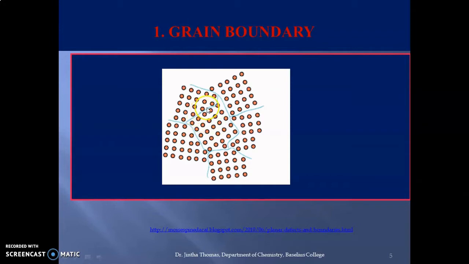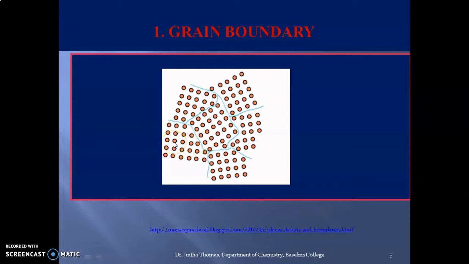Now look at the boundaries. Here, look at the boundaries of each perfect arrangement. For example, here you can see the atoms are not following a perfect packing. In these parts, the atoms are not following the perfect packing. So, we can see an area of imperfection that separates different crystals or grains of different orientation in a polycrystalline solid.